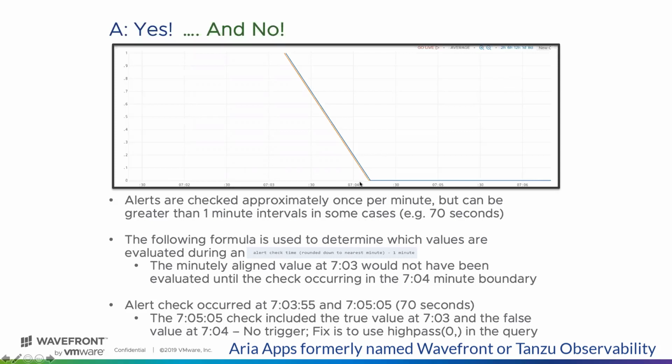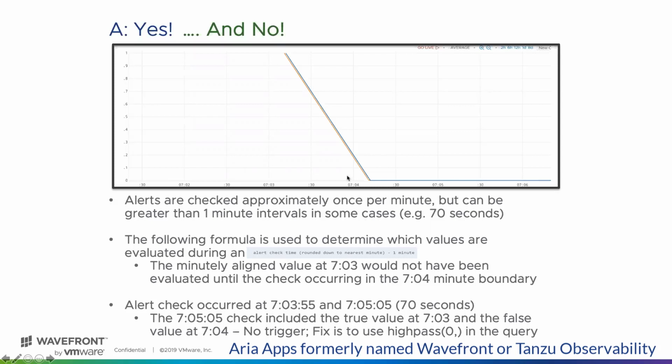So we actually went and really debugged this to see exactly what happened. And exactly what happened was that right here at 7:03 and 55, the alert checked. But remember I said that in order to avoid data that's not all the way there yet, and false firings because of that, whenever an alert checks, we're going to ignore the data within the last minute and look at the last full minute's worth of data.